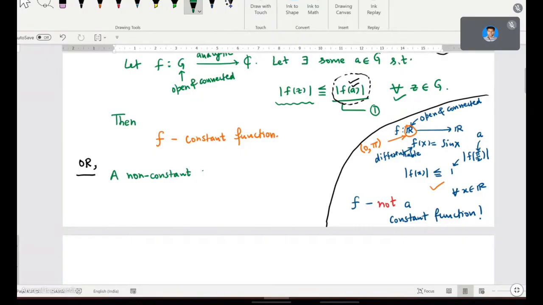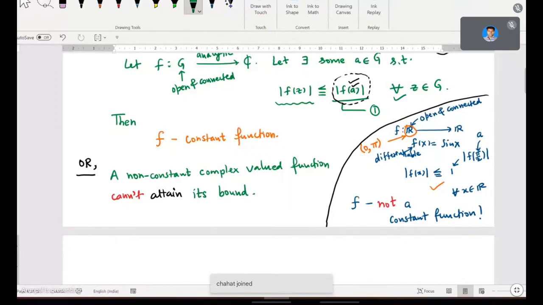Of course, analytic, that condition is there. A non-constant complex valued function can't attain its bound. Because if you have a complex valued function and it attains its bound, then it must be constant.